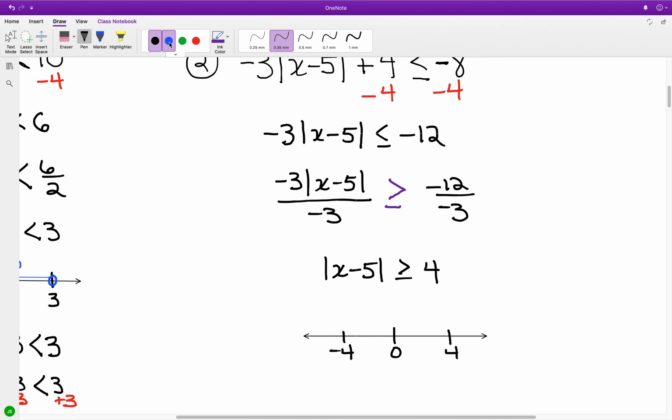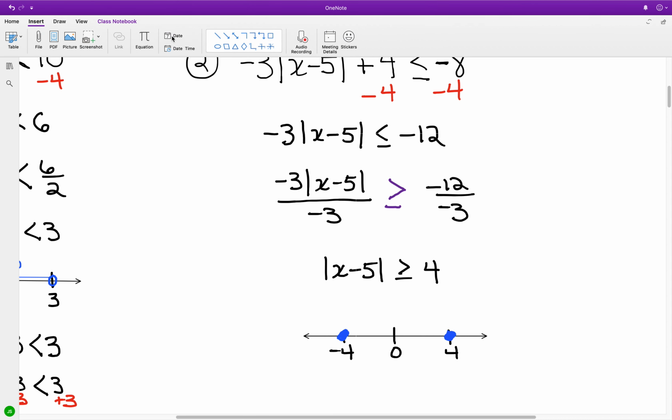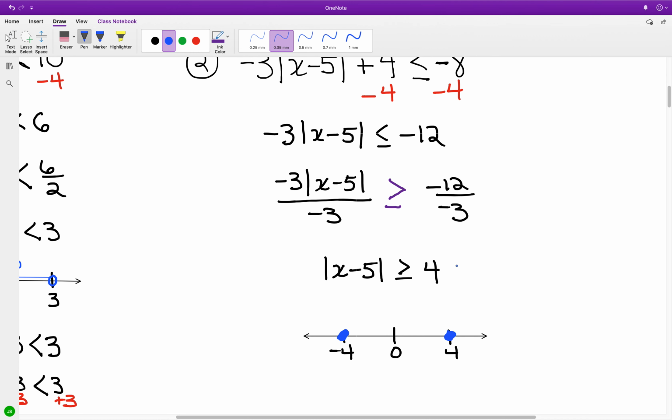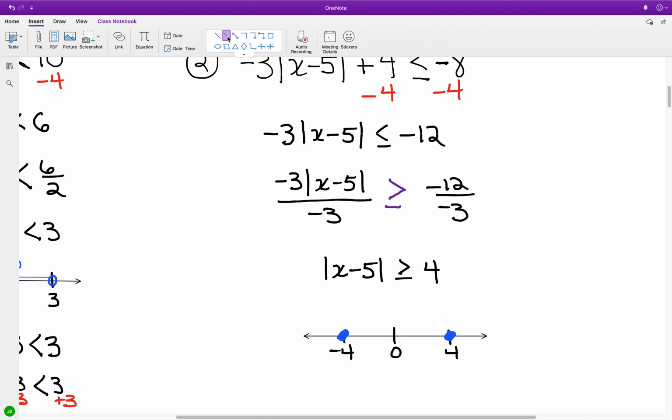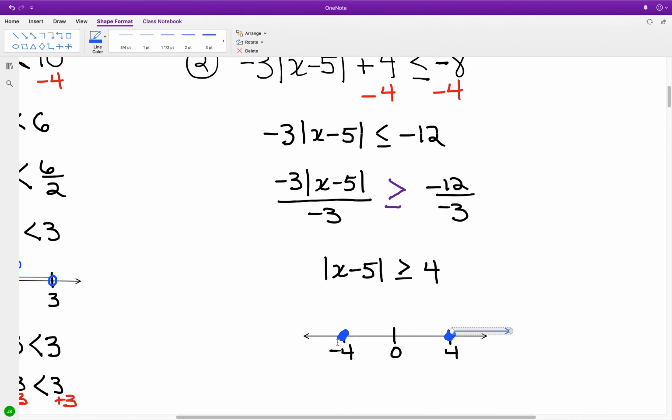With the absolute value equal to 4, we have solid points on both negative and positive 4, and increasing the absolute value, in this particular case, we'll have rays going out to the right at the maximum end. And then at the minimum, we're going to have a ray that's going to go to the left.